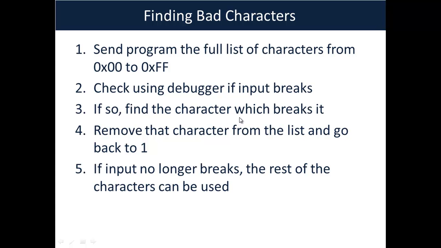If so, then we find the character which breaks it, and then we remove that character from the list and go back to point 1, and with that reduced set of characters we again run the same experiment. At one point we would notice that input no longer breaks, which means that the rest of the characters can be used safely.